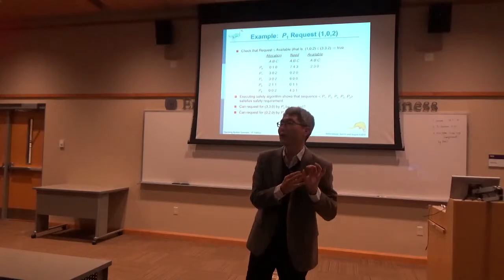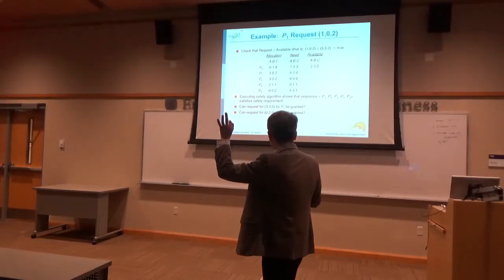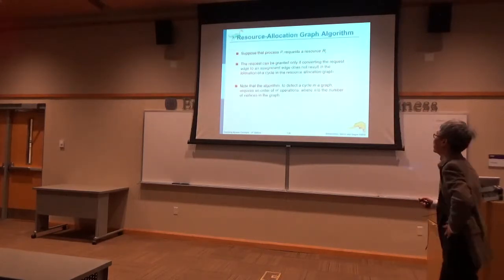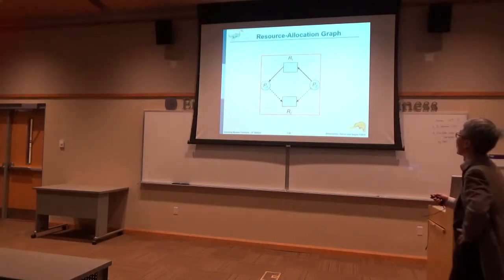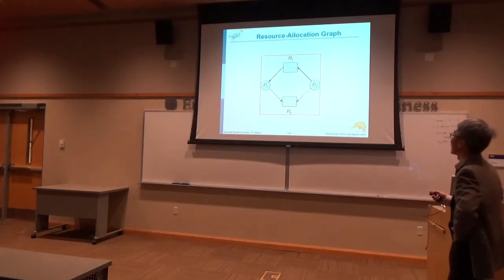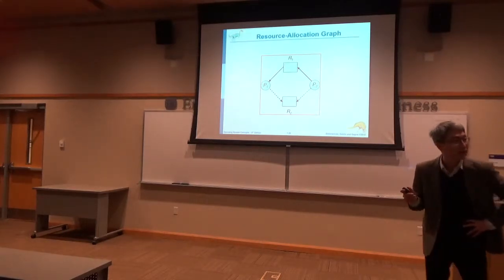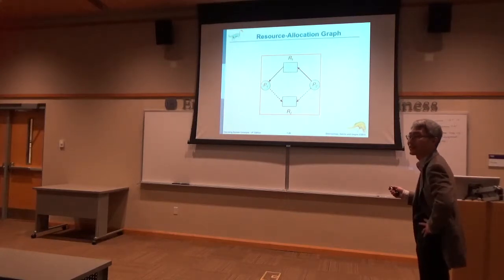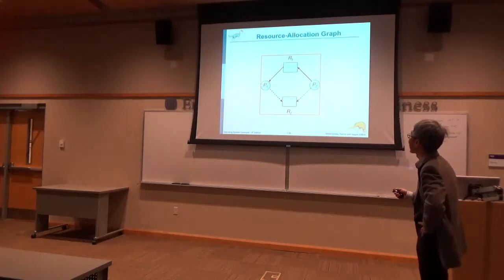There are two types of nodes: one is the process, another is the resource type. A resource type may have several instances. Then there are two types of edges: one is request, another is assign.